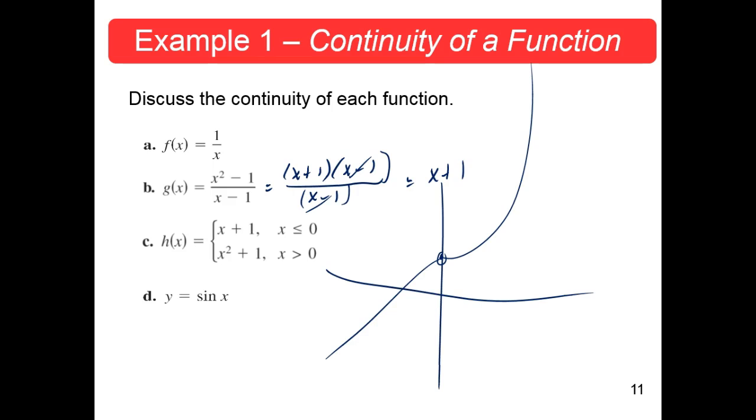Okay. How about this? Y is equal to sine x. Any ideas? Continuous everywhere. Sine x is like this forever and ever in both directions. It just keeps doing that. So this is continuous from minus infinity to infinity.